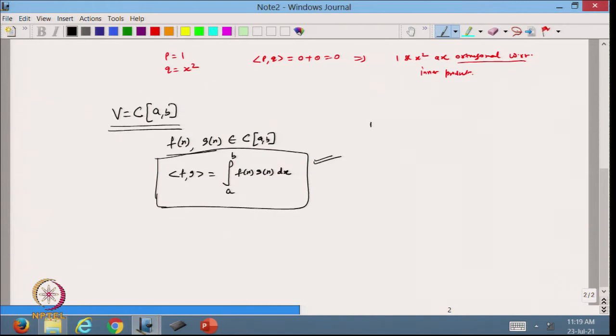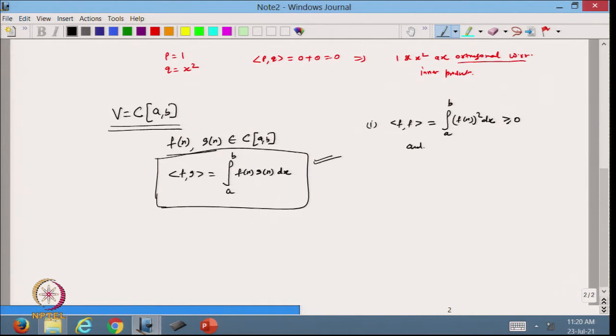Now, the first one is taking the inner product of f with itself. This is the integral from a to b of f(x) into f(x), so it will be f(x) square dx. It is the square of the function, so it is a positive function, and taking the integral, its value is always greater than or equal to 0.